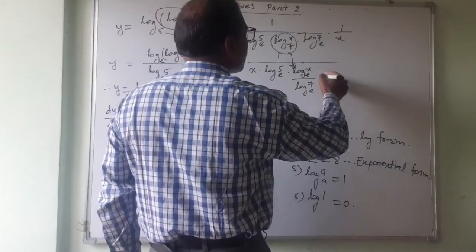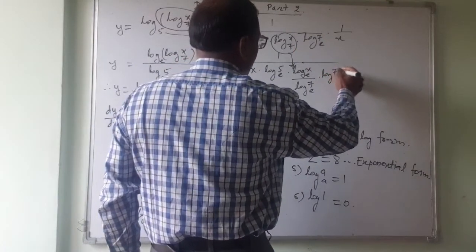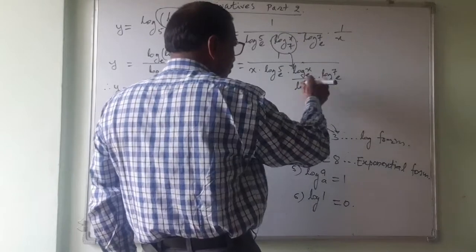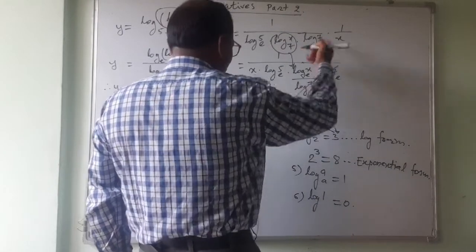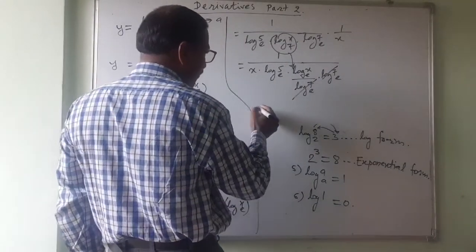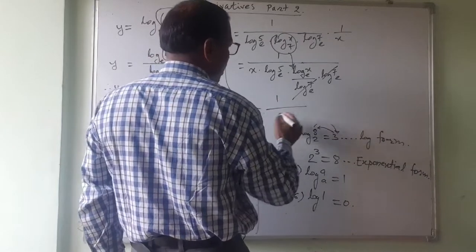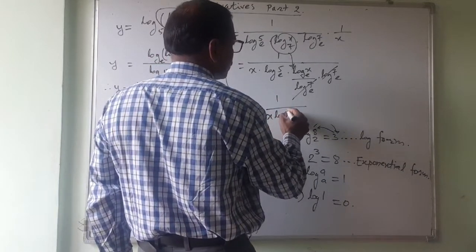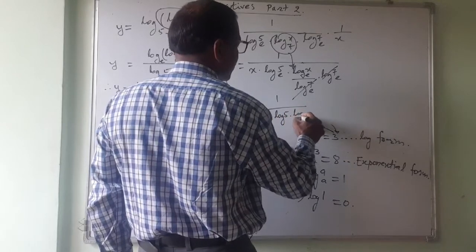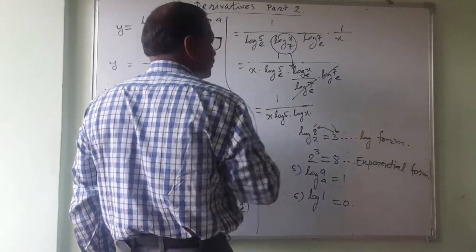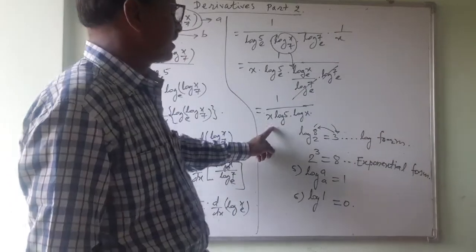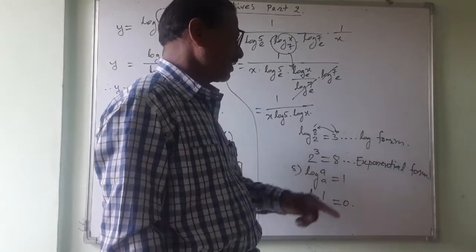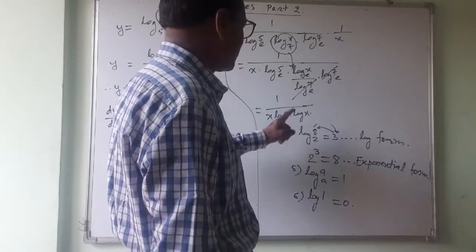Into here it is log of 7 to the base e. Now this will get cancelled. This 1 upon x I have written here. And the final answer will be 1 upon x log 5 into log x. If the base is not mentioned, that means in derivative and integration we should understand that the base is e.